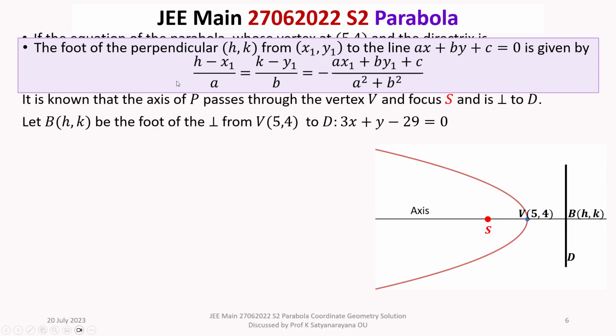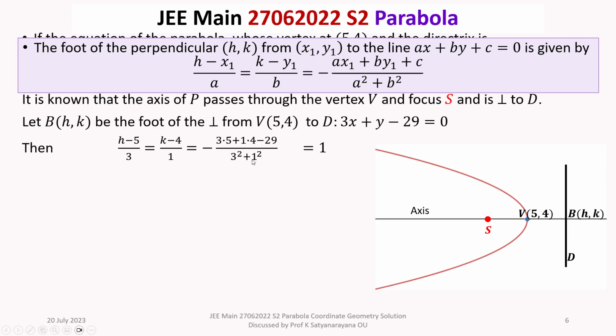So let's now get into the formula and write it down. Then (h - x1)/a: x1 is 5, and a, the coefficient of x in the directrix, is 3; (k - 4)/b, where 4 is y1 and b, the coefficient of y in the directrix, is 1, is equal to -(3 x 5 + 1 x 4 - 29)/(3² + 1²).